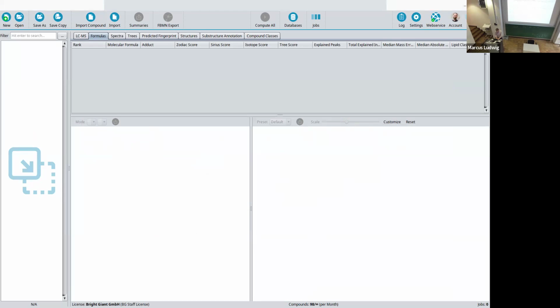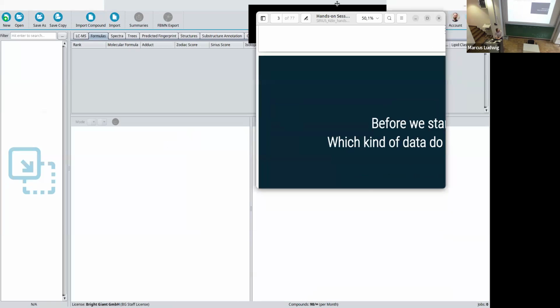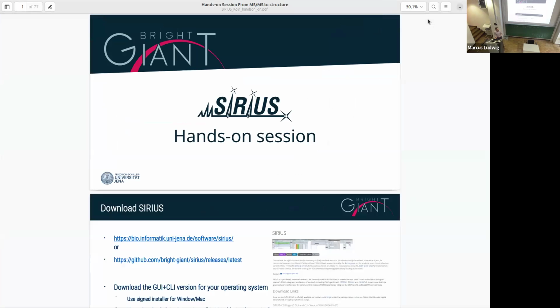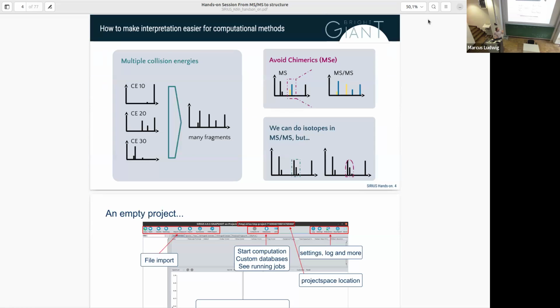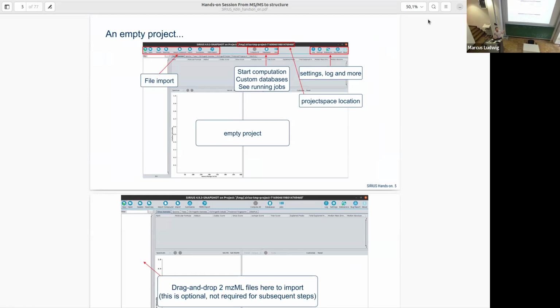So the way I designed it is, in the Google Drive, in the slides folder, I also have the slides for the hands-on. And many of the steps we are going to do are already described in here.